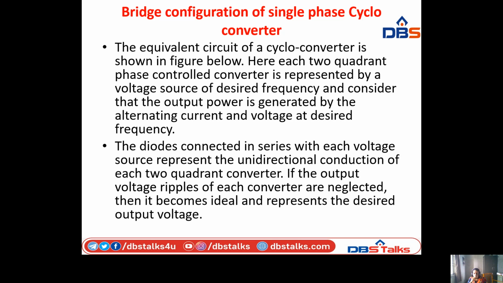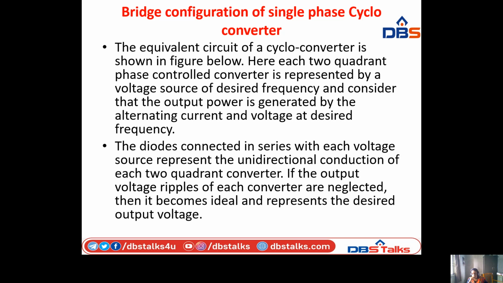So we are discussing the single phase bridge cycloconverter. The equivalent circuit of the cycloconverter is shown in the figure. Here each two quadrant phase control converter is represented by a voltage source of the desired frequency, and we consider that the output power is generated by alternating current and voltage at the desired frequency.